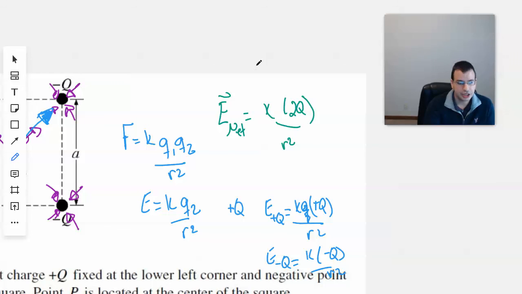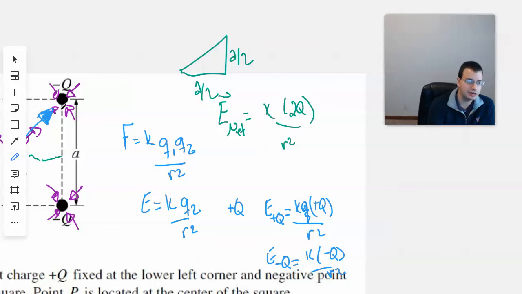All right, so then we need to find out what R is. So we have A over 2, A over 2. What I'm doing is taking these sides right here and looking at the length to find the radius R, which is to the middle.